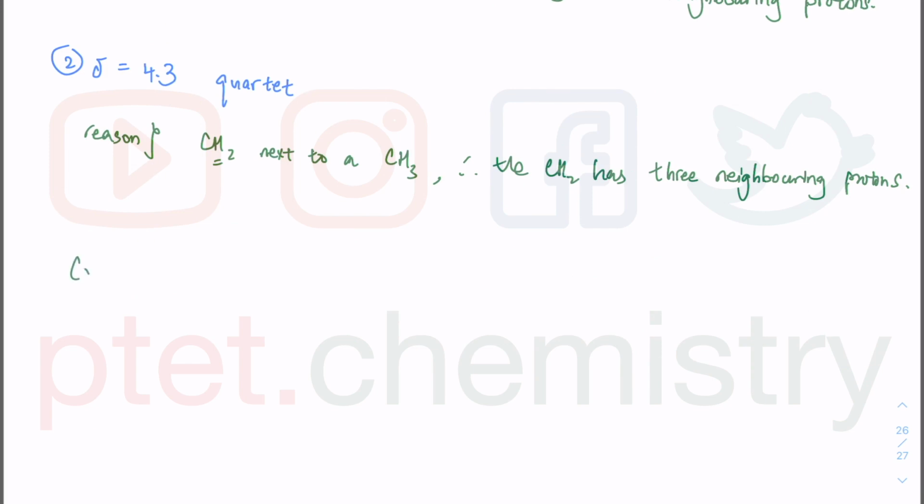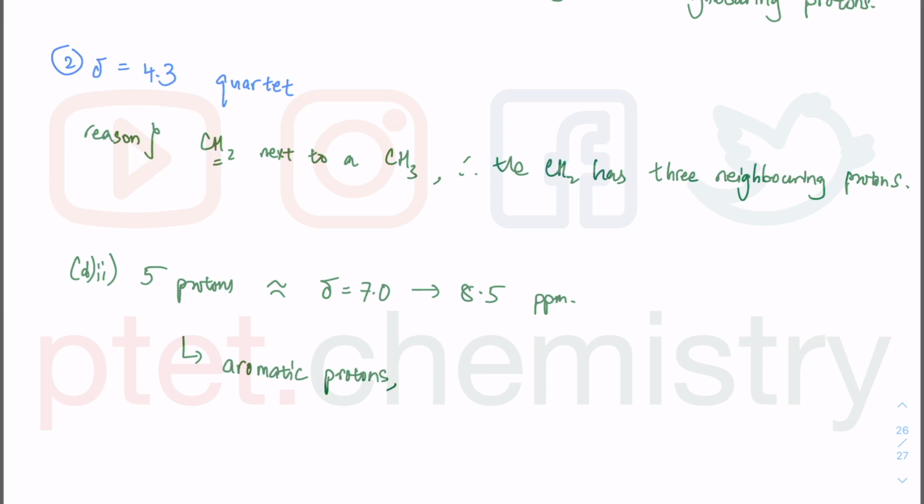So D part 2. They say there are 5 protons around delta equal to 7.0 to 8.5 ppm. If you look at the data booklet for NMR data, it should tell you straight away that these are aromatic protons, or you will say protons on the benzene ring.